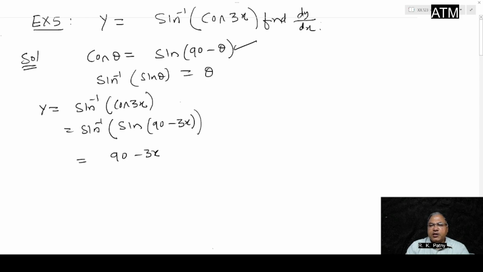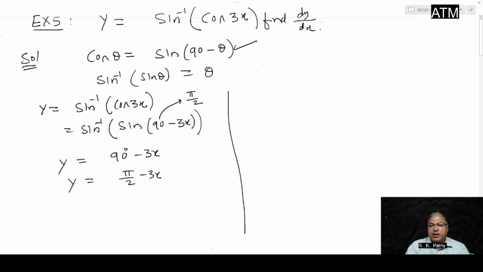In place of 90, we can write even pi by 2. So here I have written the 90. In place of 90, you can write pi by 2 as well. So we are having 90 degree minus 3x. So that is equals to pi by 2 minus 3x, also can be written.